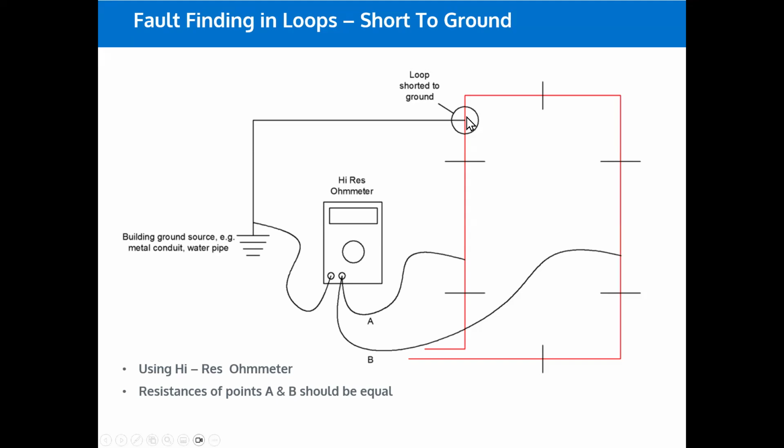Because basically you've hit this point here, and you're measuring this resistance here, and you're not measuring the loop at all. And that is your point of where the ground loop is. And that's probably the only reliable way that you're able to find where a ground fault is. Dave, would you like to add anything?